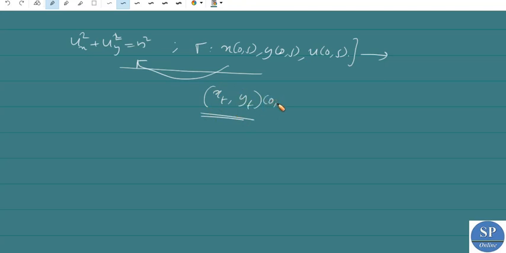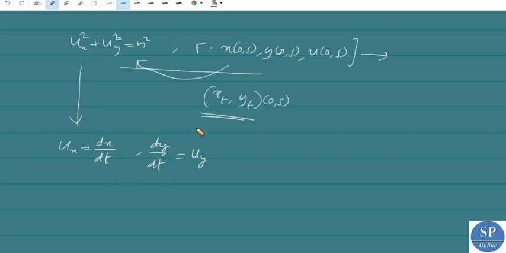So at the point 0 comma s, or at the point on the initial curve, we have dx by dt equal to ux and dy by dt equal to uy. This we proved in the last lecture.